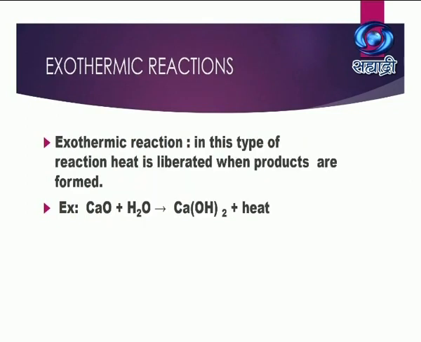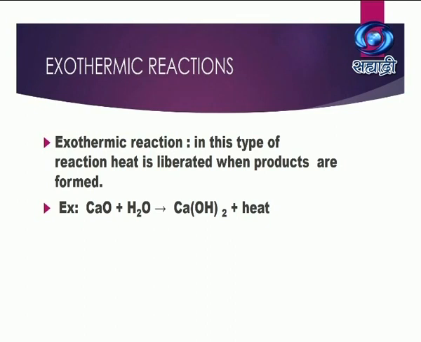Another type of reaction is exothermic reaction. It means in this type of reaction, heat is liberated or given out when products are formed. That's why the name exothermic. Thermic is the word used for heat, and exo means giving out.